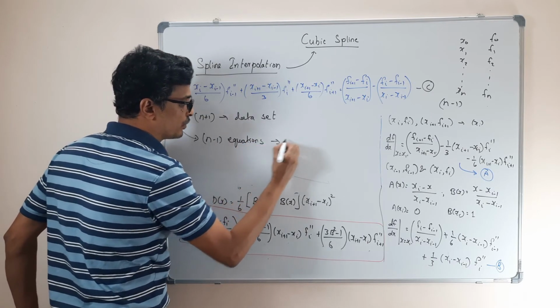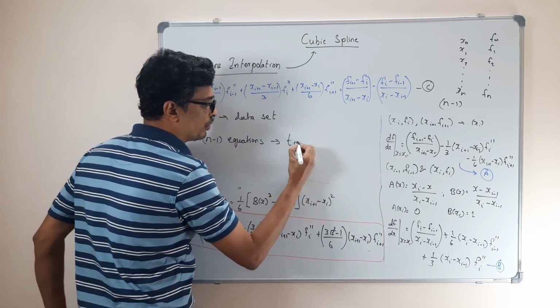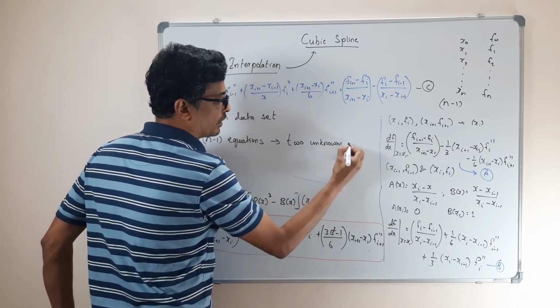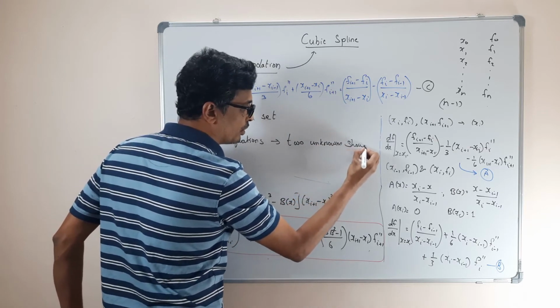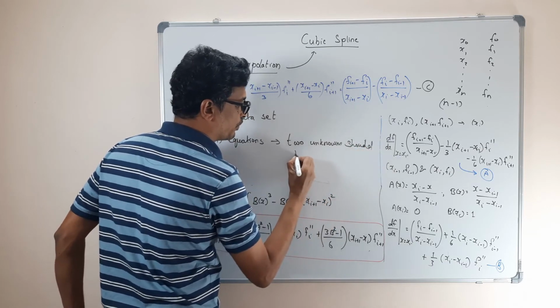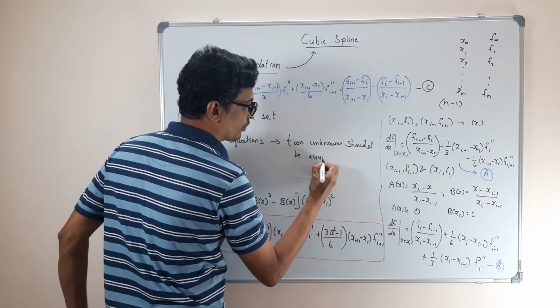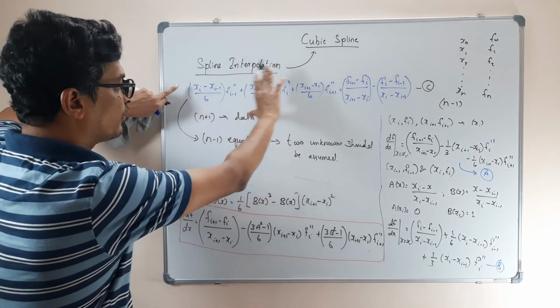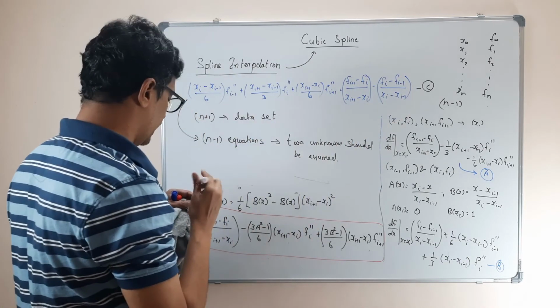So this says two unknowns should be assumed. Let us see in the matrix form how this equation looks.